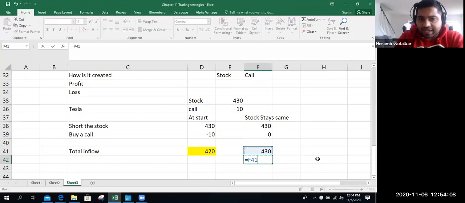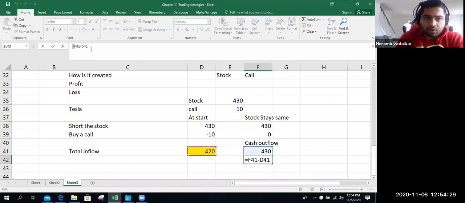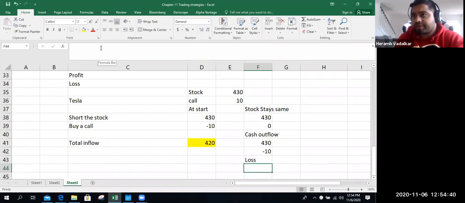So this is the cash outflow, and this was the cash inflow. Because you have shorted the stock, you have to buy the stock back and give it back. So cash outflow was 430, cash inflow was 420. So a loss of (10). I put it in brackets so that it shows a loss. This is the loss you suffer if the stock remains the same.